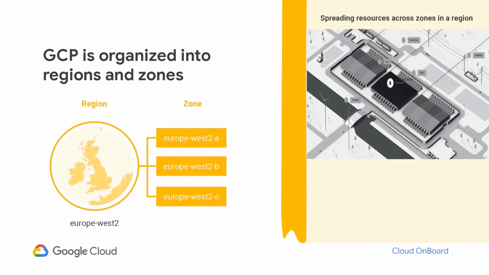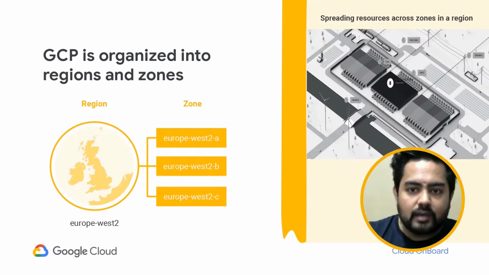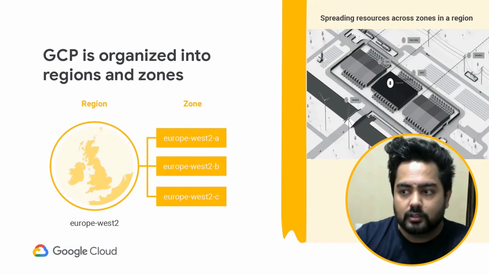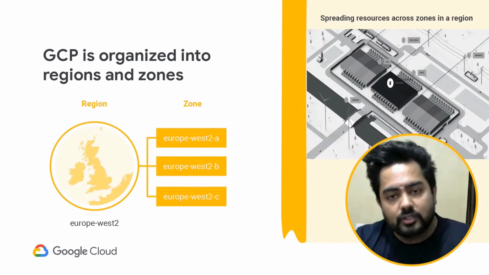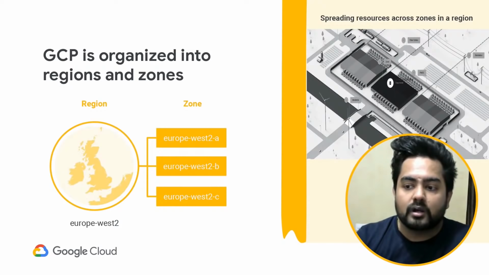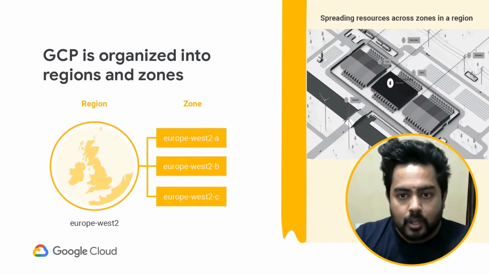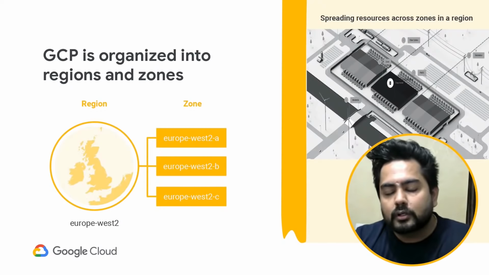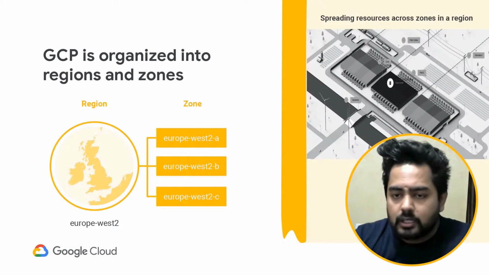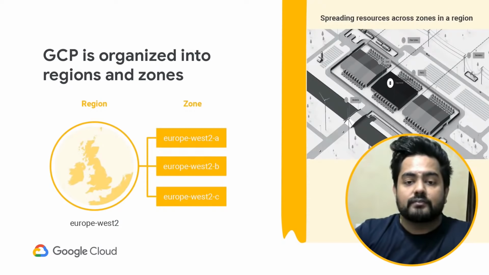Now, on the slide that you see right now, we have three zones, Europe West 2A, 2B, 2C, and you can put a resource in any of the three zones, which are part of a region called Europe West 2. You can put a resource maybe in zone A or zone B, and then you can have them isolated.